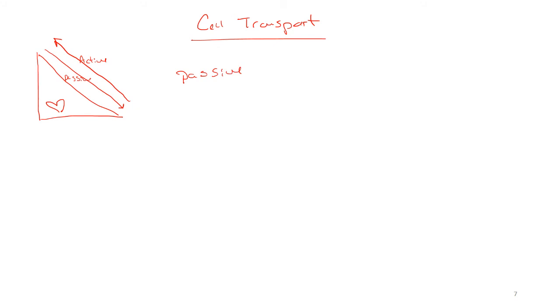And the main forms of passive transport that matter to us are going to be the first one called diffusion. And diffusion is basically the movement of solutes from high concentration to low concentration.